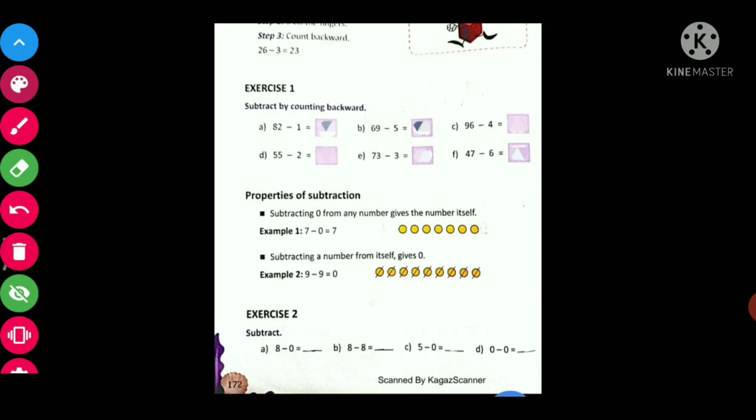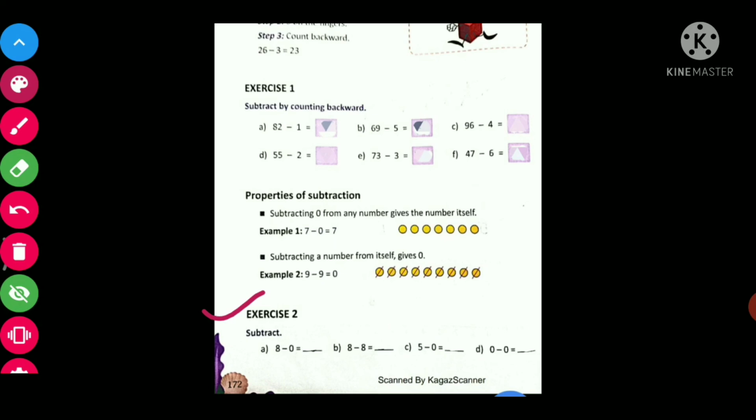Okay, now see exercise 2. One question is given, subtract 8 minus 0. So if we subtract 0 from any number, what will be the answer? The answer will be the number itself, right?